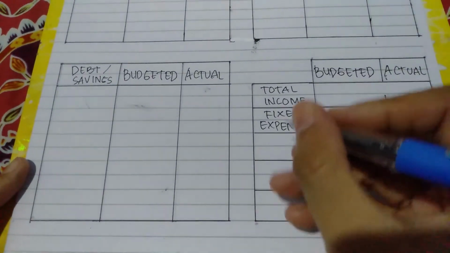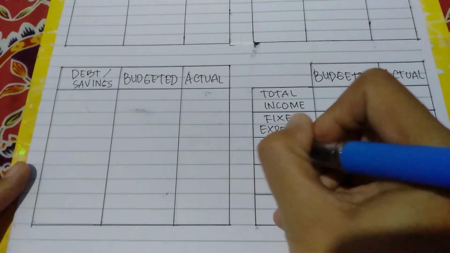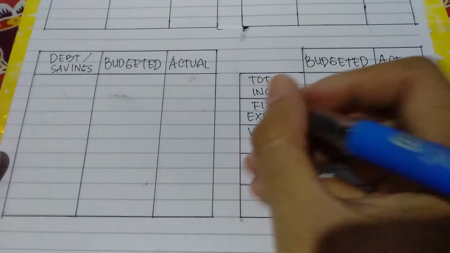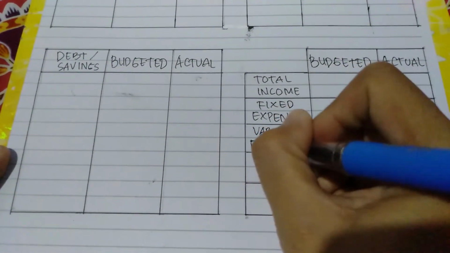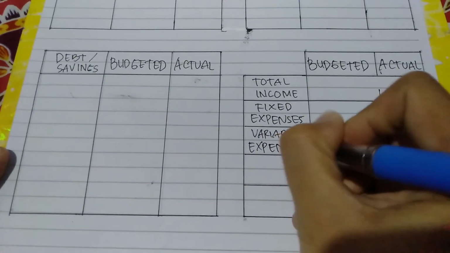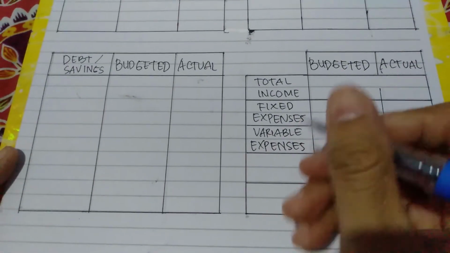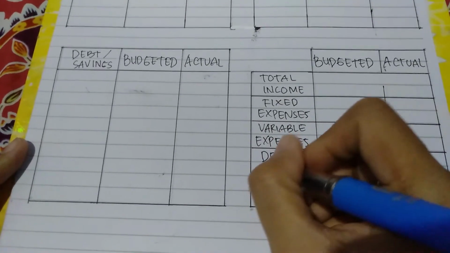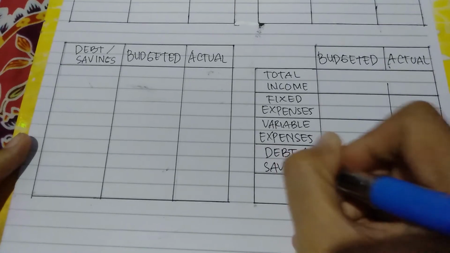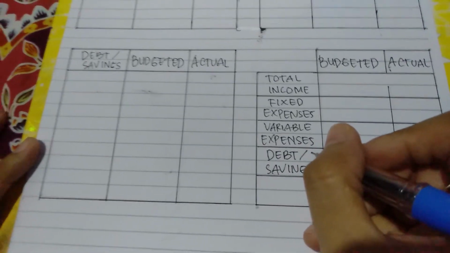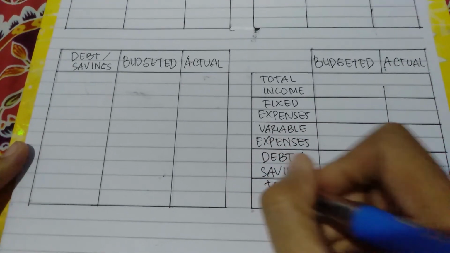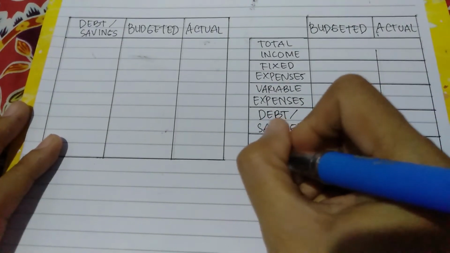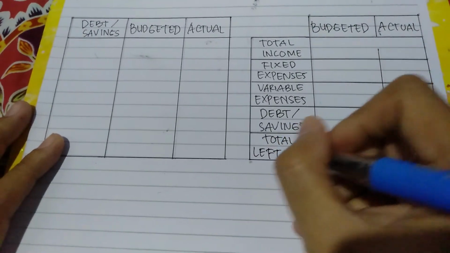There is the budget and actual with the subjects of total income, fixed expenses, total variable expenses, and total debt savings. And for the rest, I would like to know my total leftover. So with these simple tables, I'm going to see my cash flow easily.